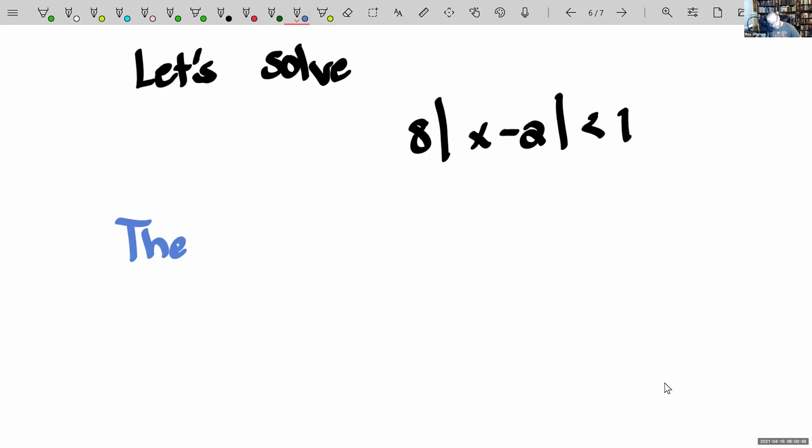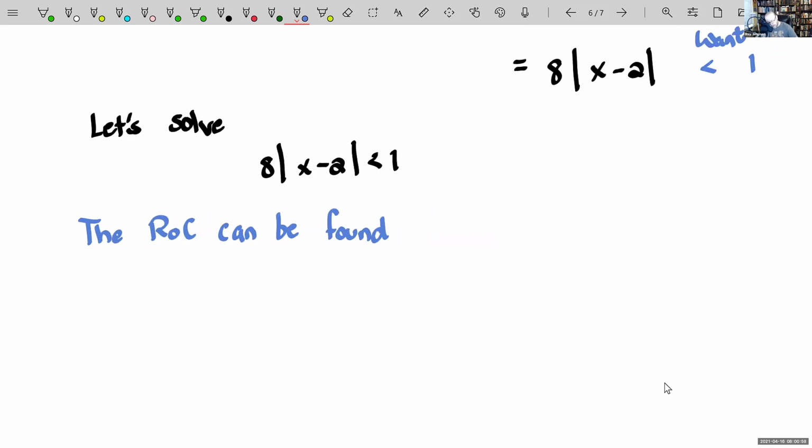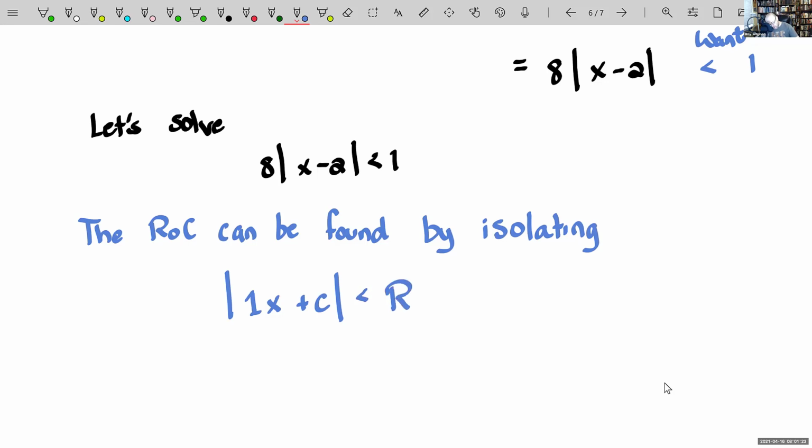The radius of convergence can be found by isolating the absolute value of 1x plus c less than capital R. This is the radius of convergence.